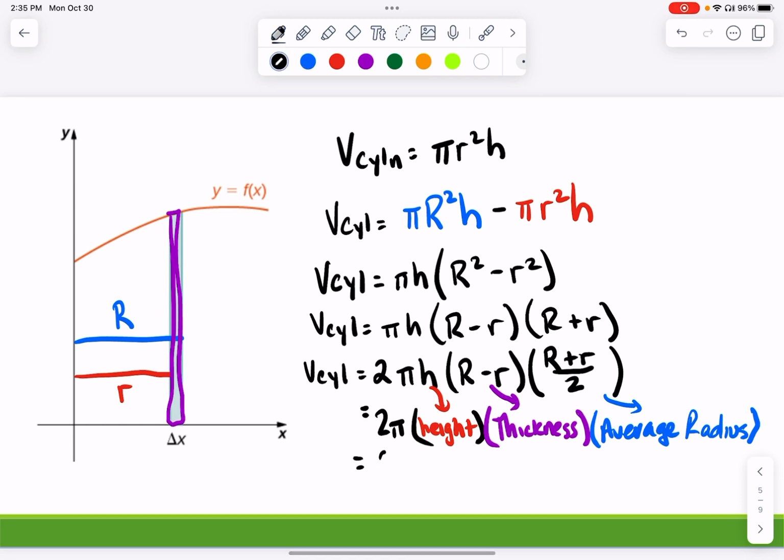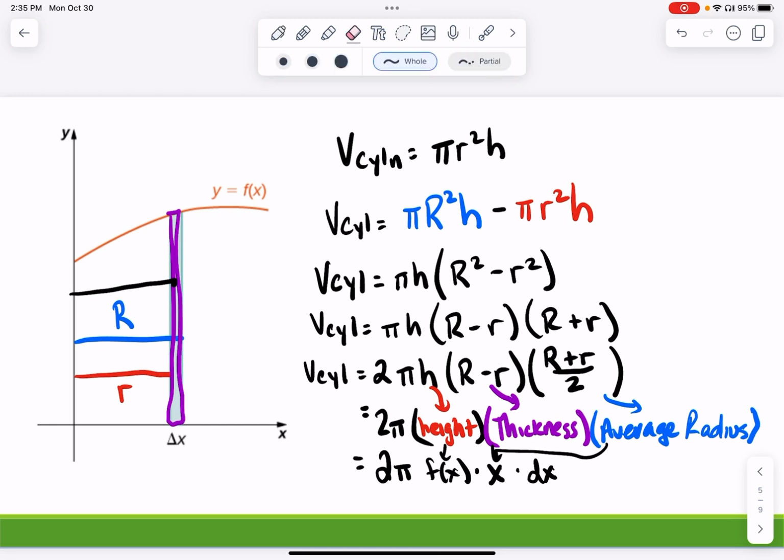The volume of my cylinder is 2 pi, my height, that's a function value, times the average radius, which I'm going to put here next, is an x value, times my thickness, that's going to be a dx. Technically, that's a delta x.